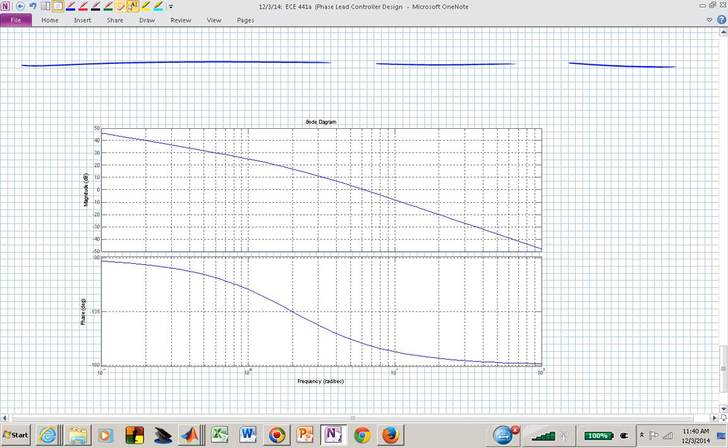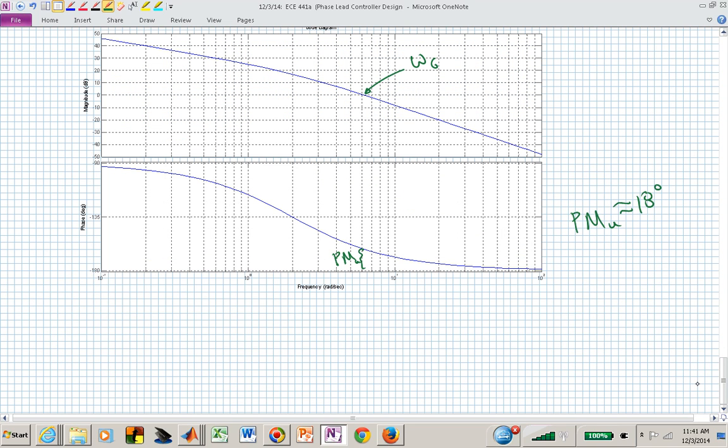We've now identified our omega sub g. This is what we were calling our phase margin uncompensated. That's approximately 18 degrees, and I think in class last time you can see that we never cross the minus 180 degree line with our phase.